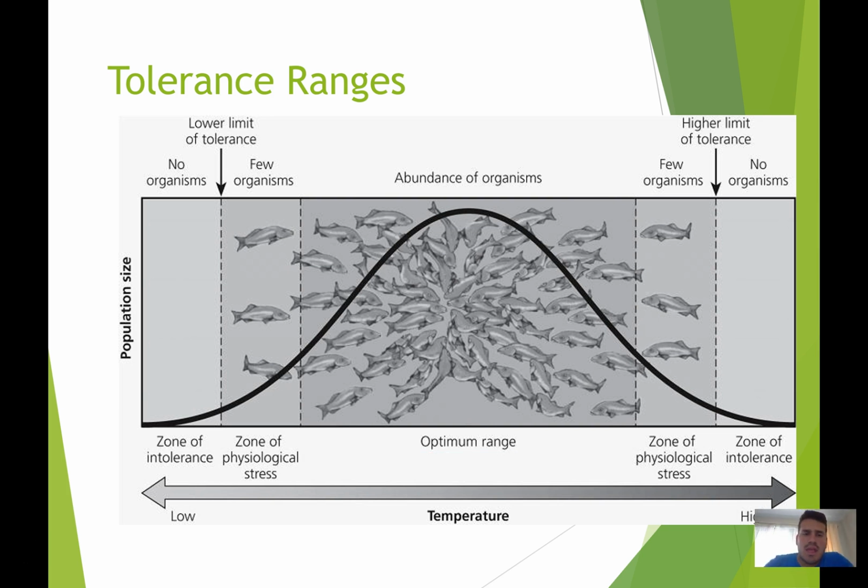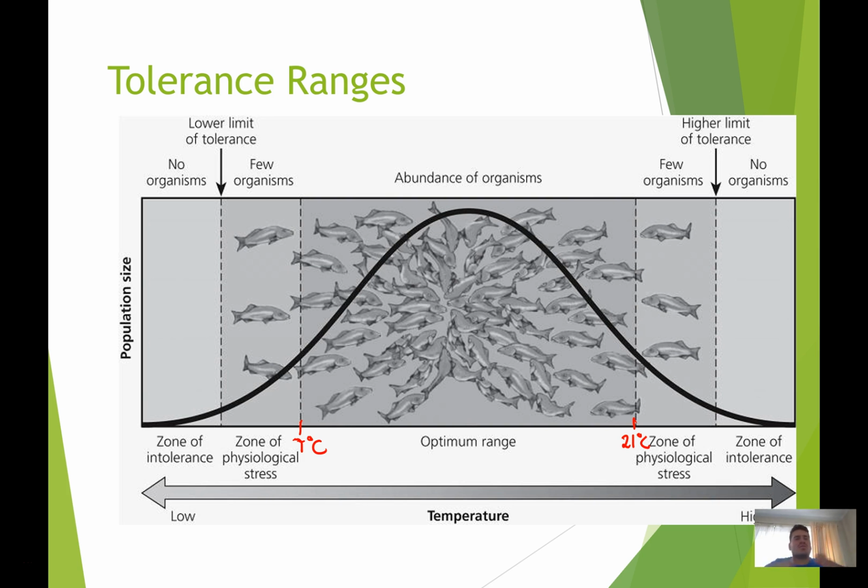For example, rainbow trout thrive between 7 degrees and about 21 degrees. These are the temperatures in which rainbow trout are going to grow the best and reproduce the best. You're going to get the greatest abundance of rainbow trout individuals in this case.